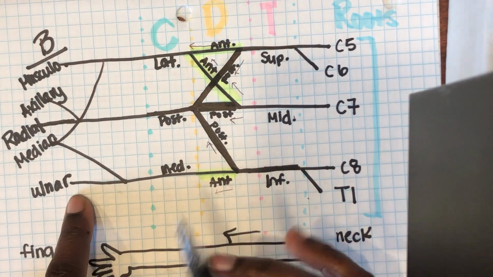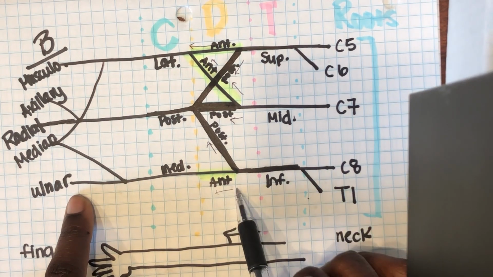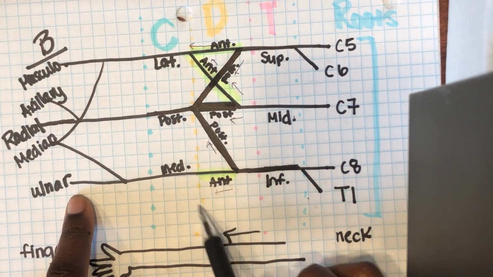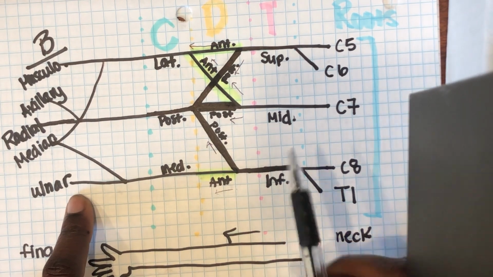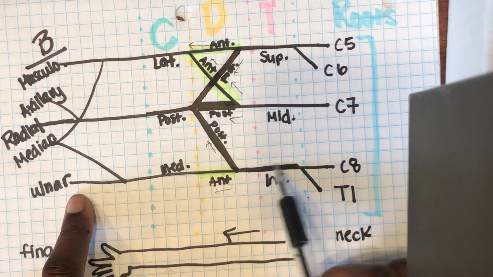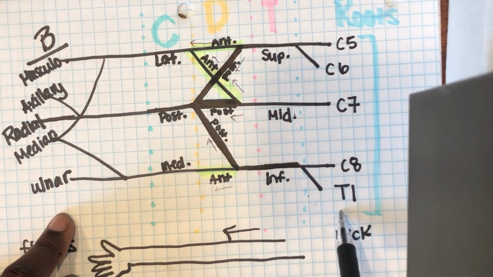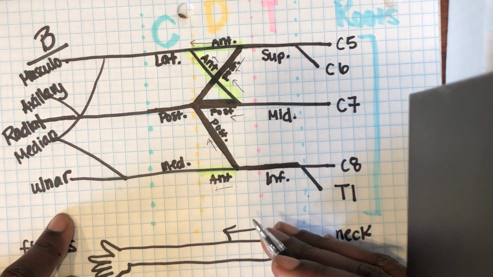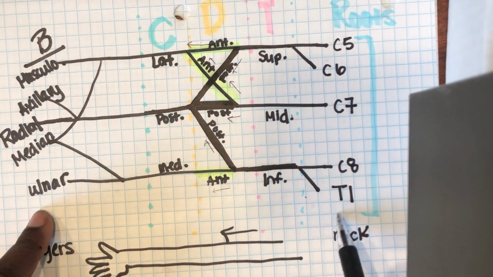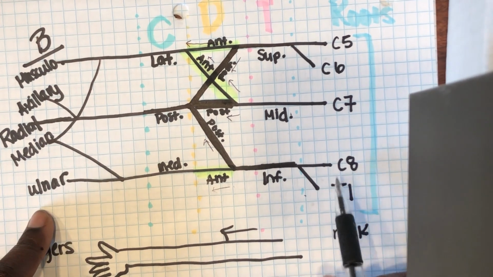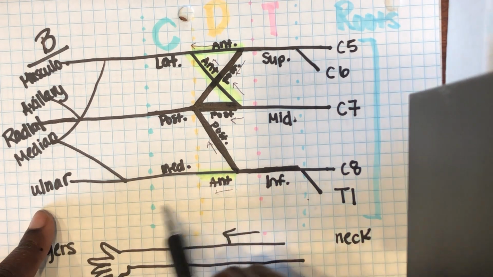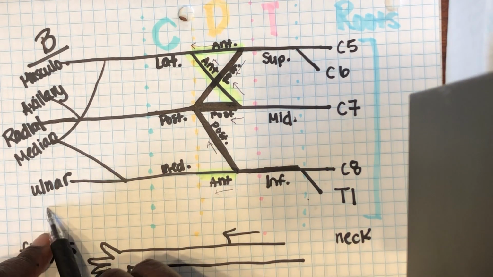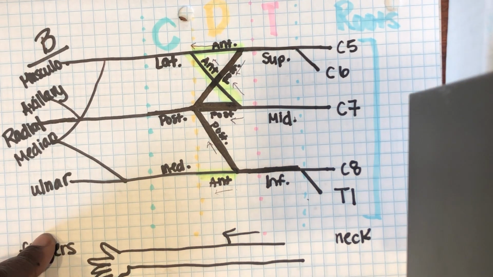So if the question was what division makes up the ulnar nerve, we would say the anterior division. If the question was what trunk makes up the ulnar nerve, we would say the inferior trunk. The same for what roots are components of the ulnar nerve. We would say C8 and T1. Because information is flowing in one direction and it's all contributing to this final ulnar nerve. I hope that makes sense. Send me a text if it does not.